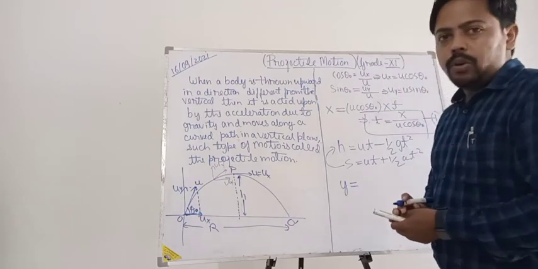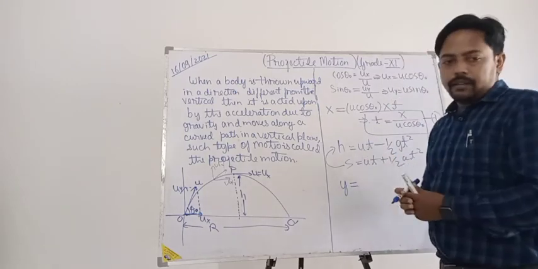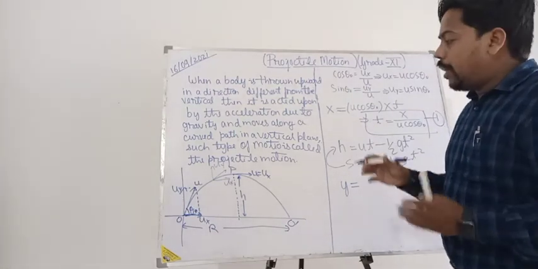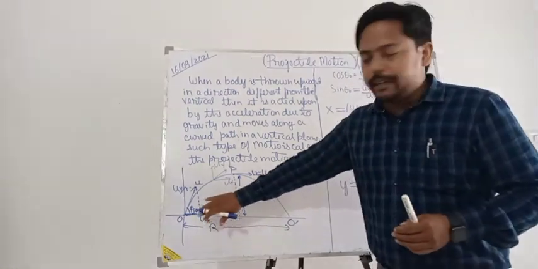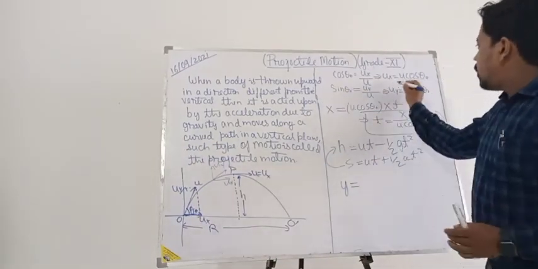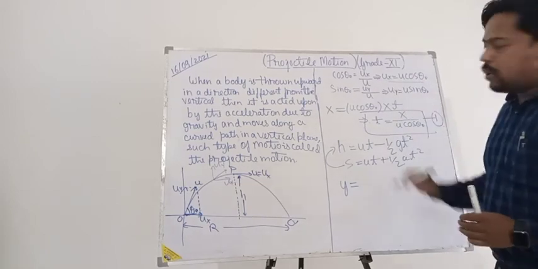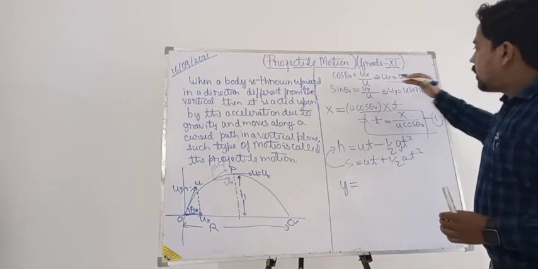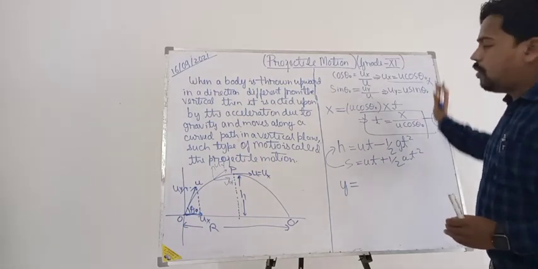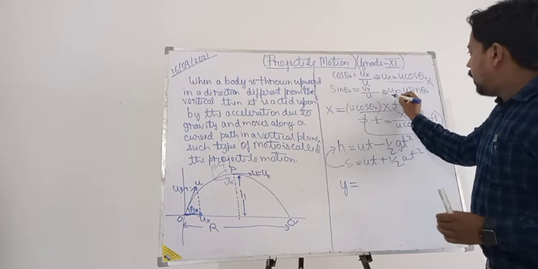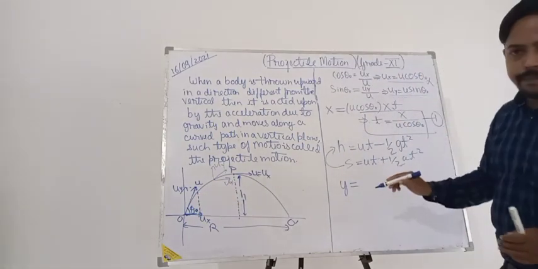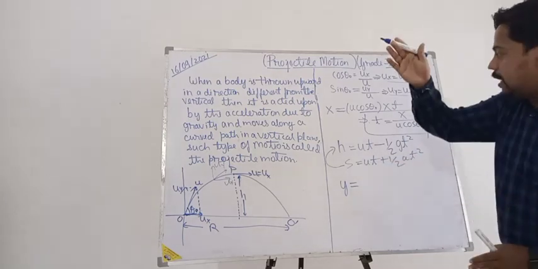So y is equal to, what will be the speed regarding the vertical height? What is the speed responsible for a particle to reach a certain height? Will this speed have any contribution? No, because it has a contribution only in the horizontal direction, not in the vertical direction. So only the vertical speed, uy, contributes to the vertical direction.